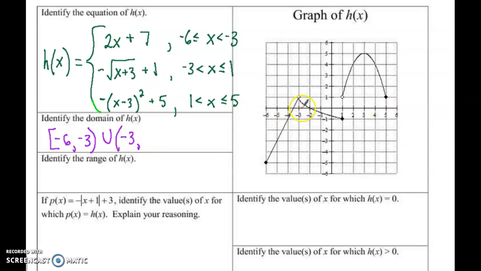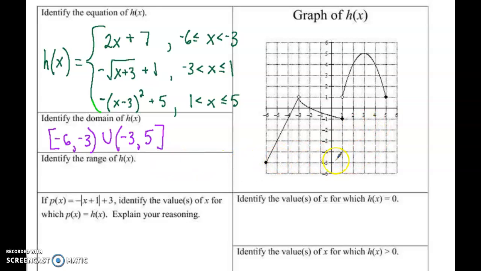Now, some students get confused because they want to stop right here, but x is defined at 1 and directly to the right of it, so we don't actually have to stop until we get to 5 and use a bracket there. Now, here's the thing. If you were to stop at 1, put a bracket, and then write some more, I would give you full credit. But mathematicians prefer seeing answers written like this. So I'm going to commit to that answer.